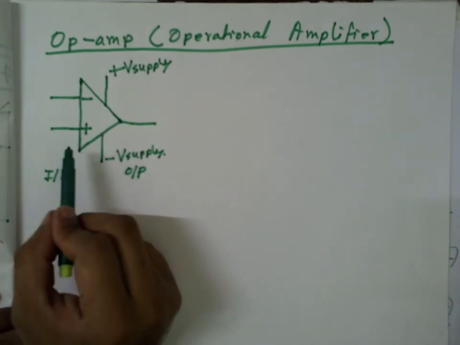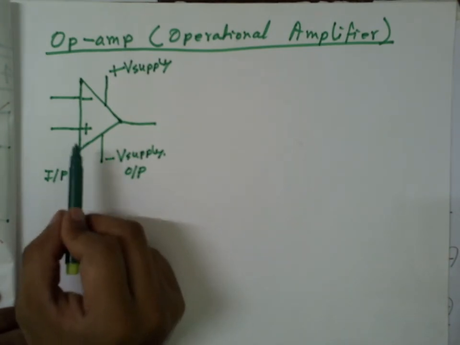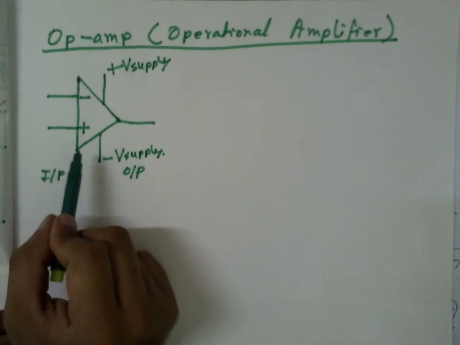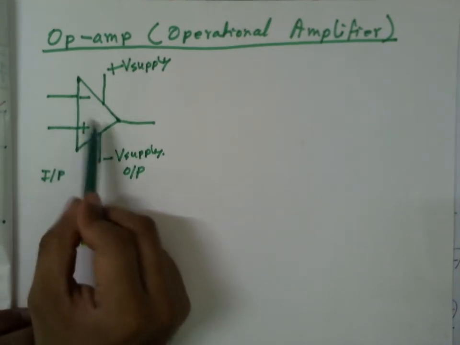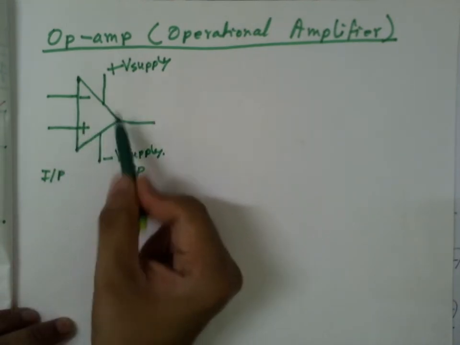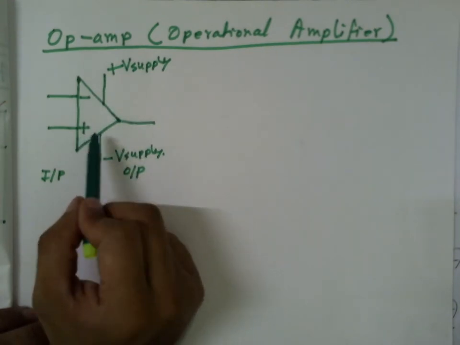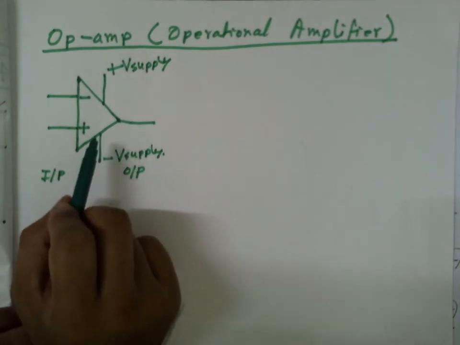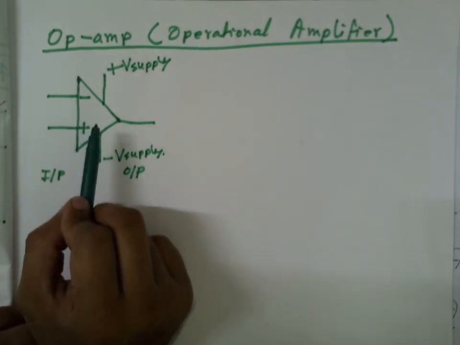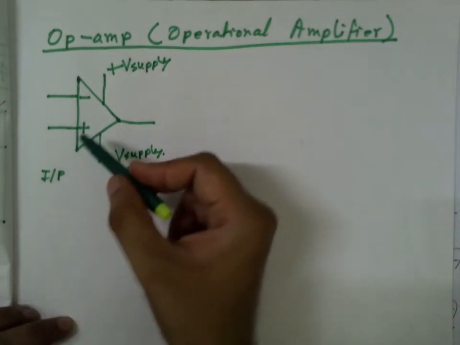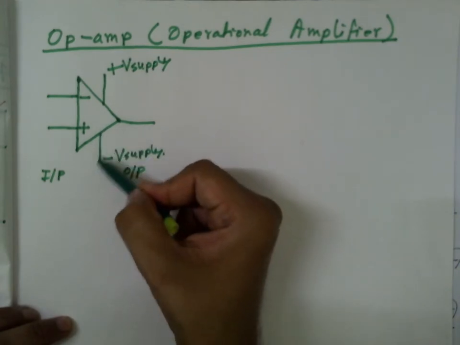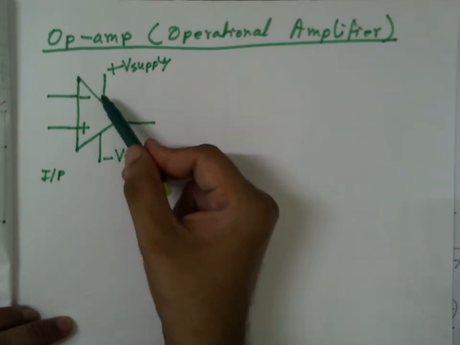Those are all passive devices. This is an active device. By that I mean, for this device to work, it needs some power supply. It's an intelligent device. Why do I say so? I will show soon. So it requires a power input.